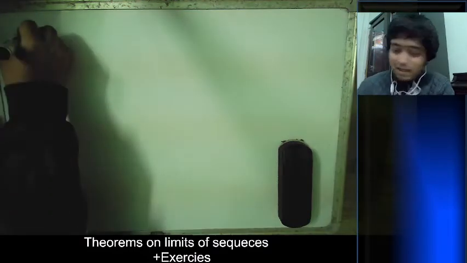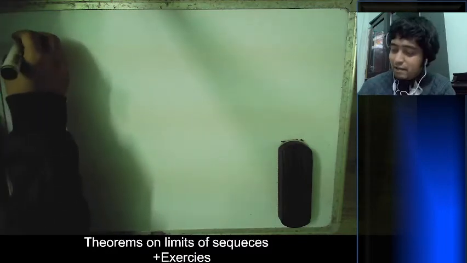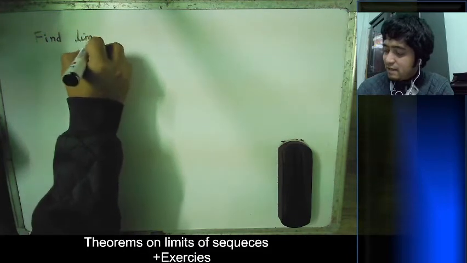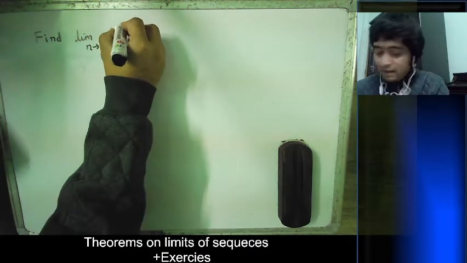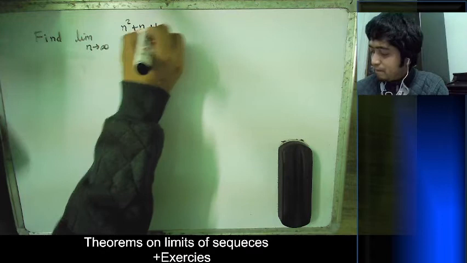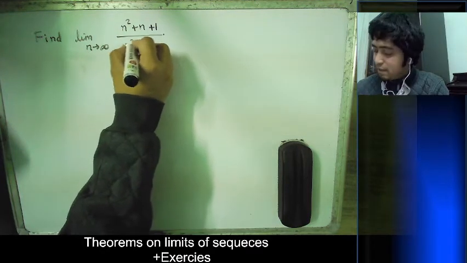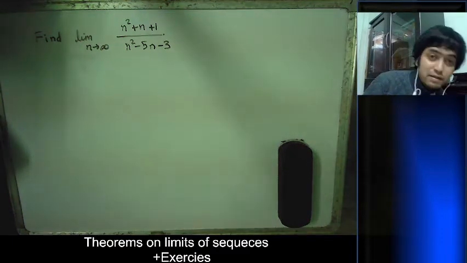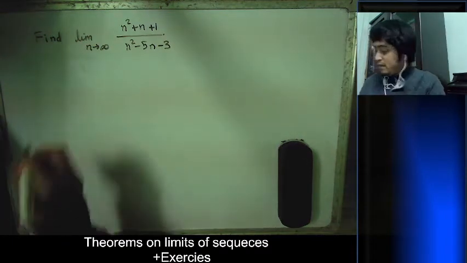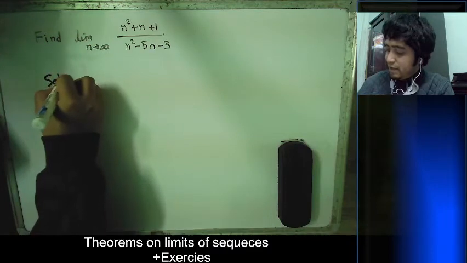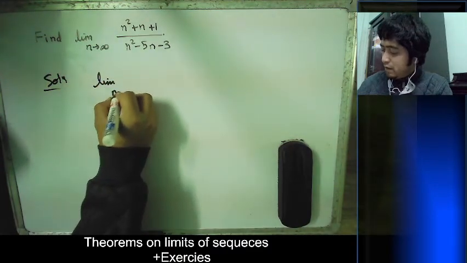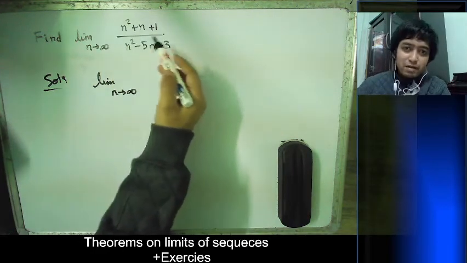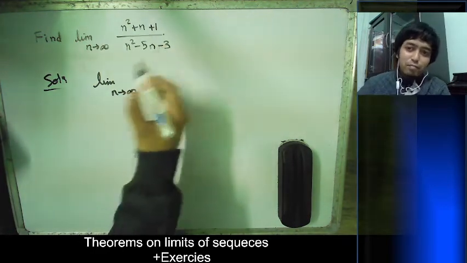So with that being said, let us jump into the first exercise. The exercise is: find the limit as n tends to infinity of n square plus n plus 1 by n square minus 5n minus 3. So this is very simple. What exactly will we do here? You notice that on top it's a polynomial, in the denominator also it's a polynomial.